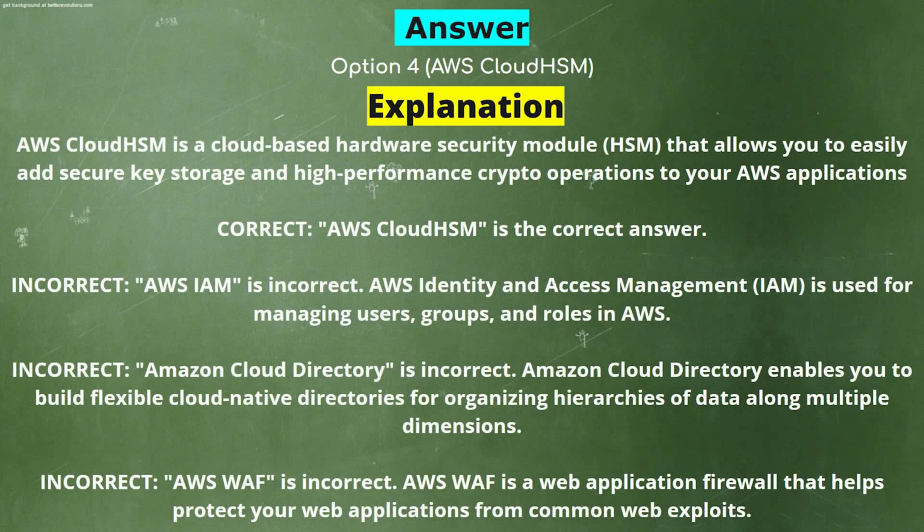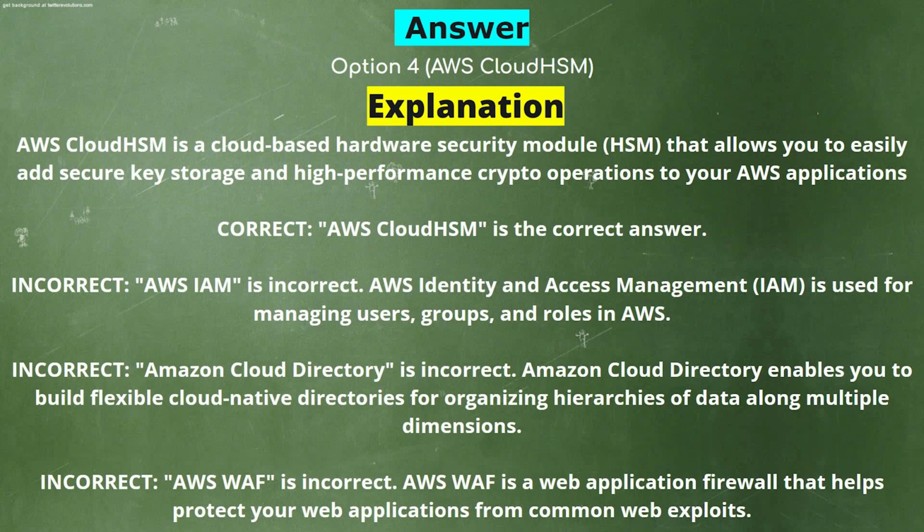AWS CloudHSM is a cloud-based hardware security module (HSM) that allows you to easily add secure key storage and high-performance crypto operations to your AWS applications. AWS CloudHSM is the correct answer. AWS IAM is incorrect. AWS Identity and Access Management (IAM) is used for managing users, groups, and roles in AWS.